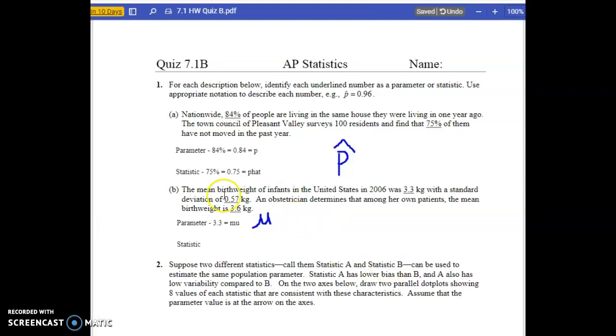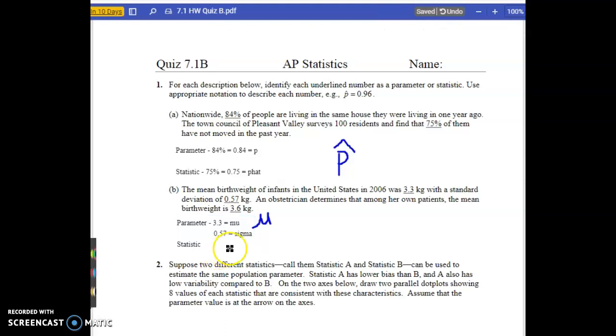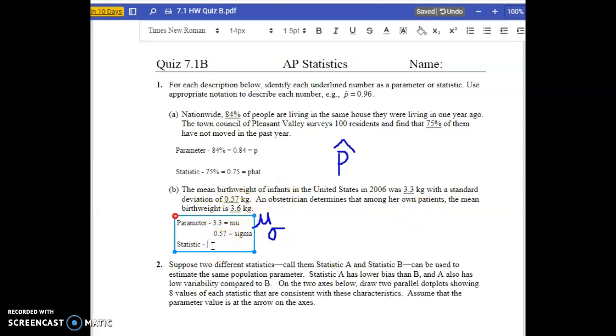And then my next number I see is 0.57 kilograms. That's the standard deviation in 2006. So that is also a parameter. So 0.57 is a parameter, but that's sigma. The population standard deviation sigma, and that's this symbol. And then I read on, the last number I see underlined is 3.6 kilograms.